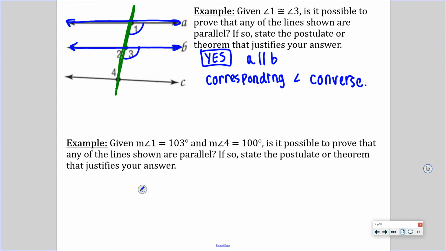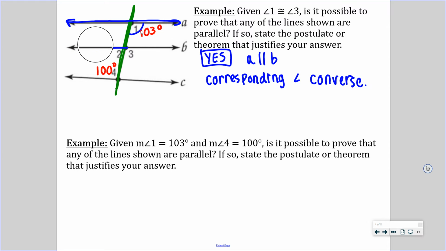All right, this next one goes with the same picture, same diagram. This time we're given the measure of angle 1 is 103 degrees. Okay? Measure of angle 4 is 100 degrees. So now I'm going to erase this.